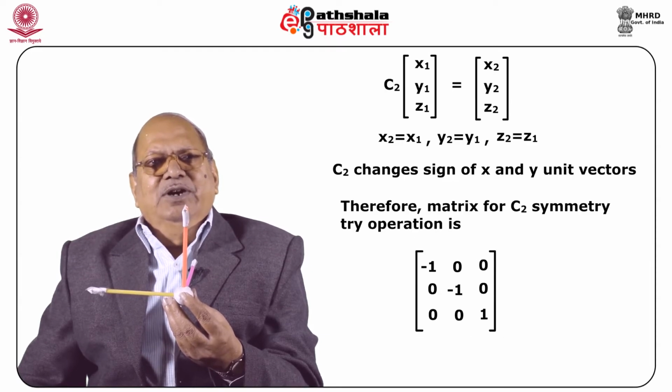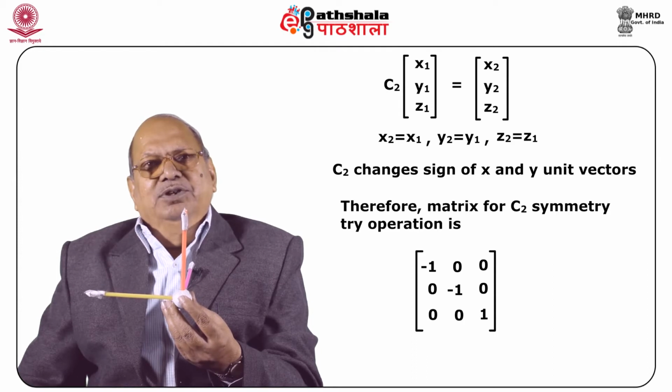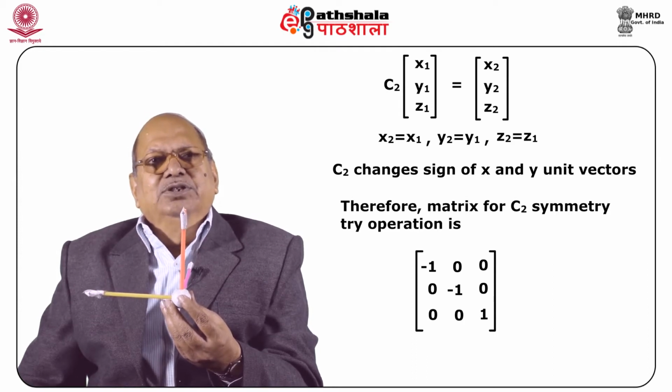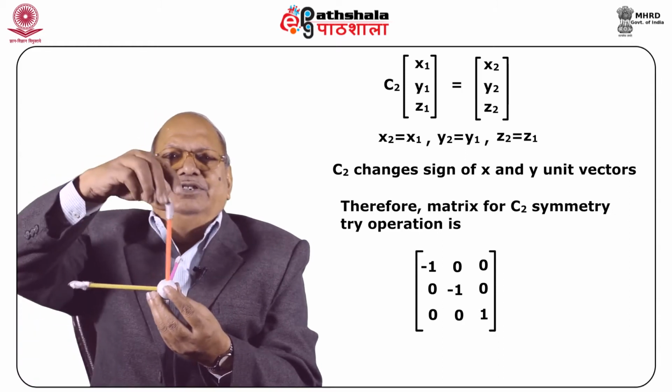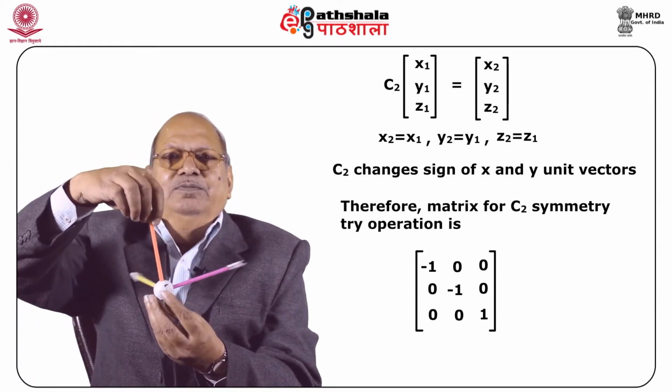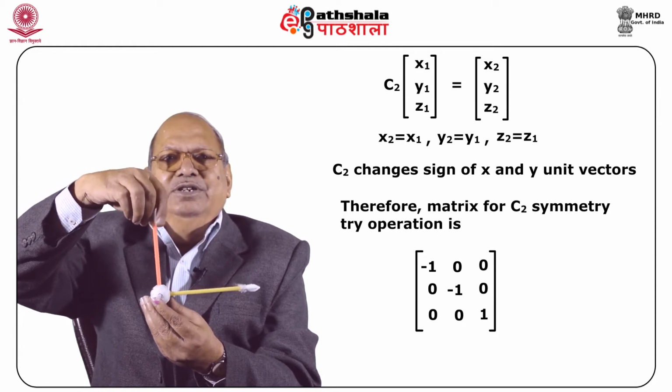Now, let us see what happens when I carry out the C2 operation. Here I will carry out the C2 operation along the z axis, that is this axis. What happens?